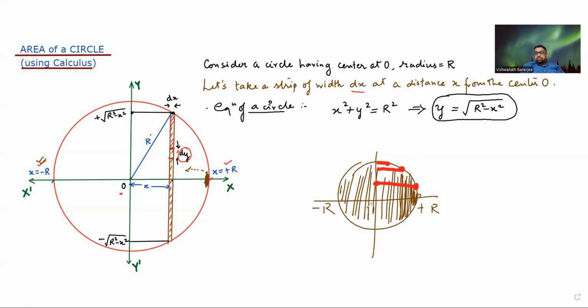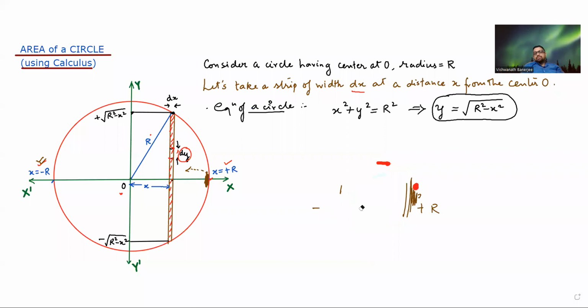So y is continuously changing with x, and y depends on x through the equation y equals under root of r squared minus x squared. So the limits of y will be in terms of x only. Okay, so this is the fundamental idea of what we are doing, and one should understand this. Now let us start with the calculus.